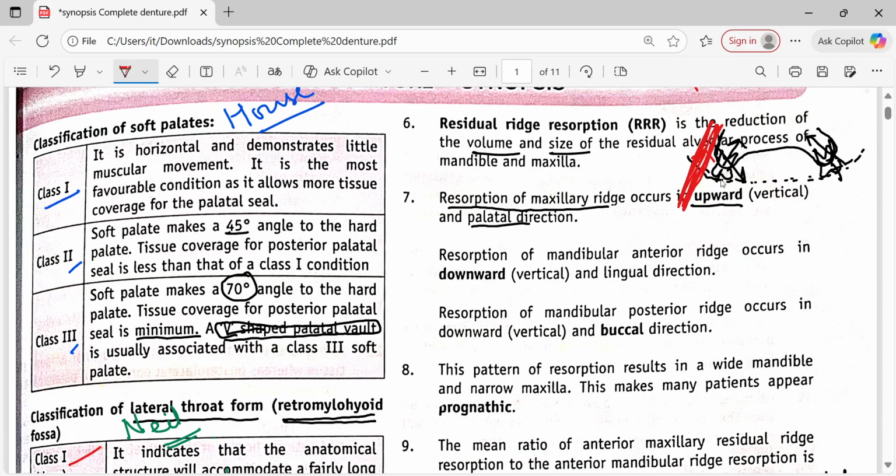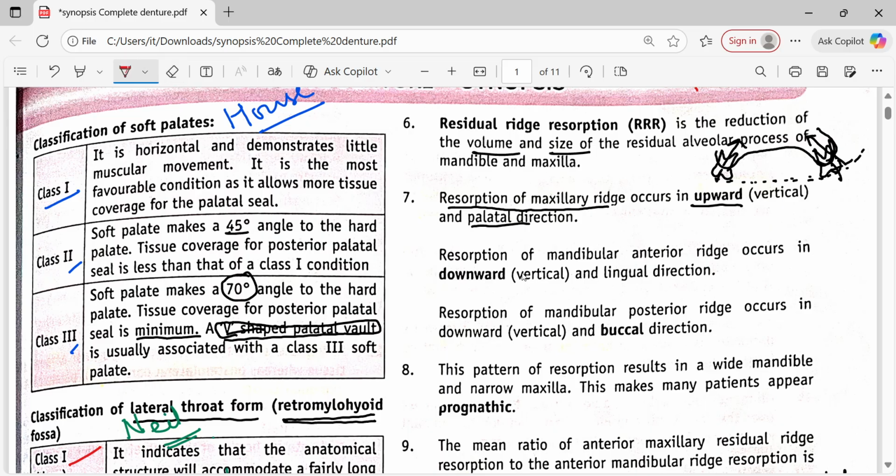For that requirement your teeth are situated in this direction, and as a continuation of that, your resorption pattern will be upward and inward.